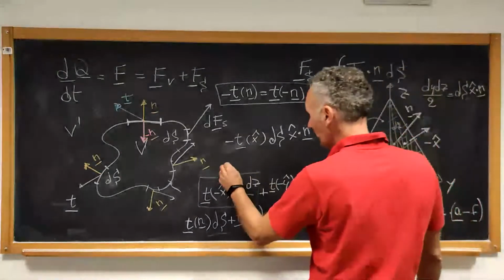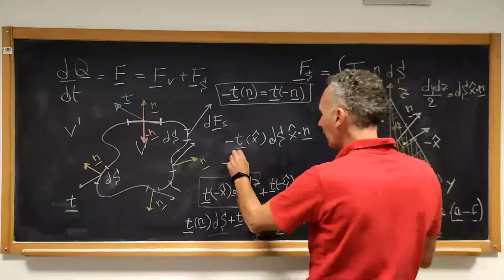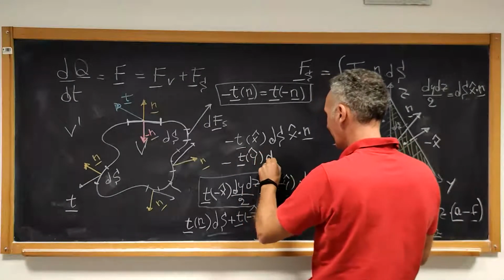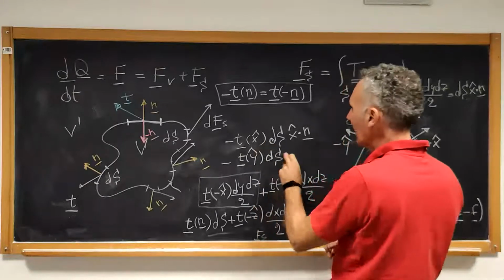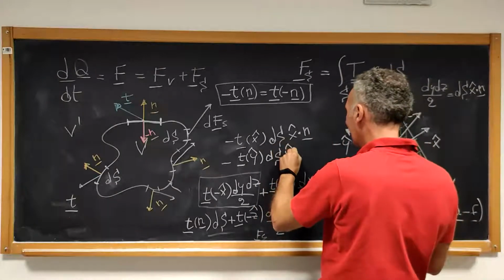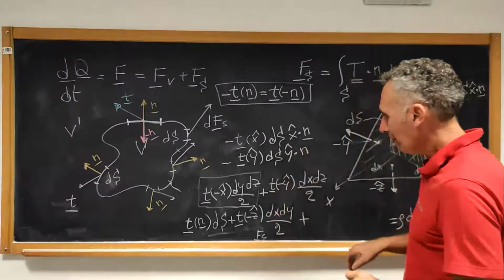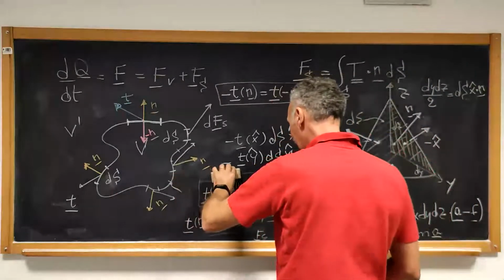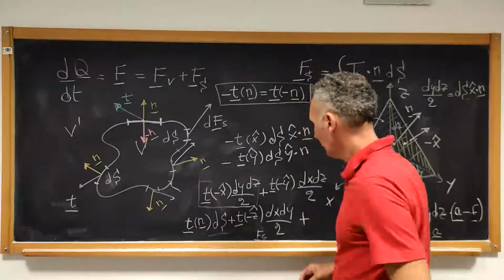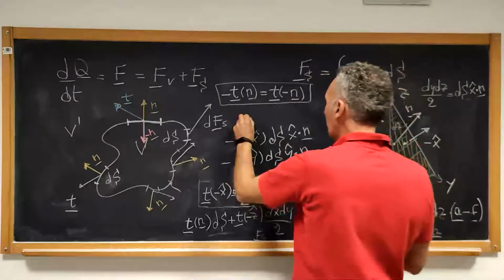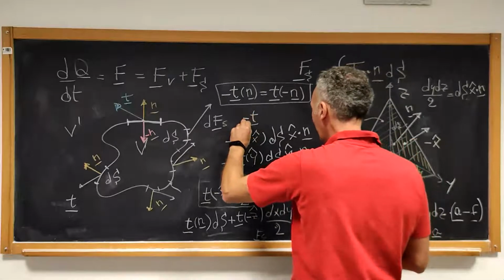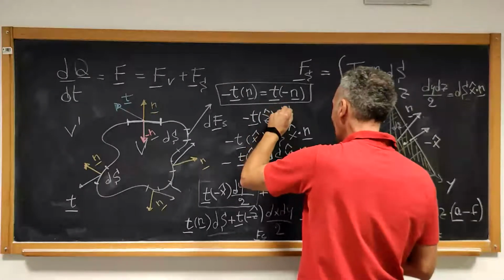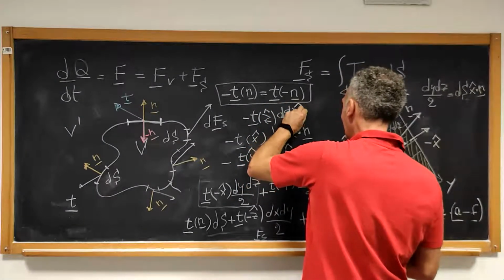So I'm just writing minus t y hat ds, and by analogy this would be y hat dot n, and the final term, which is this one, I can write, let me write it here, minus t vector z hat ds z hat dot n.